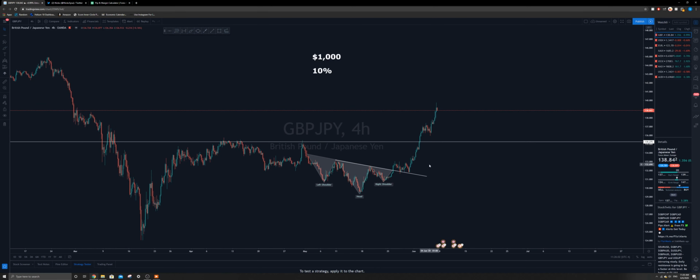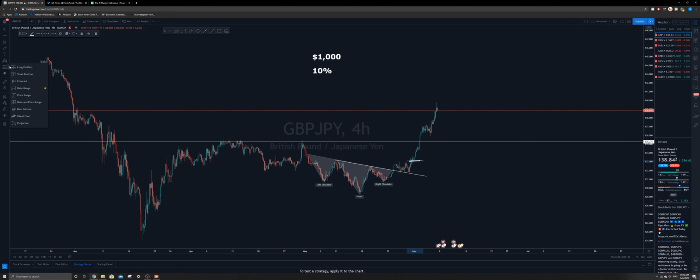So for example, in this trade right here, the one that we were looking at with the inverted head and shoulders, if you did have a $1,000 account and you were to risk 10%, it depends on your leverage, but you would want to risk 10%. So it would be your entry right here and the same exact formula, okay?